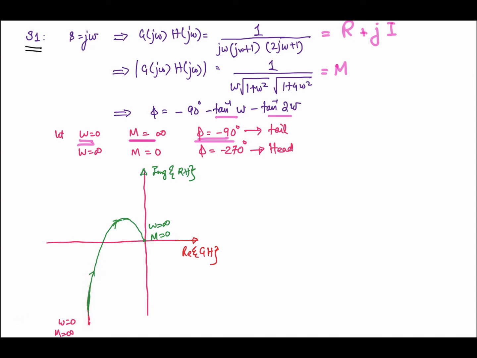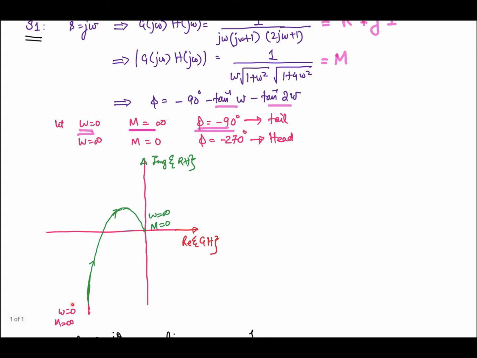When the frequency is 0, omega is equal to 0, our magnitude is infinite. So a very large magnitude, infinite magnitude, that is over here, and as omega increases, the magnitude will be decreasing, and finally when omega approaches infinity, our magnitude will be approaching 0. So it is simply the polar plot that we have already discussed in our previous videos, right?